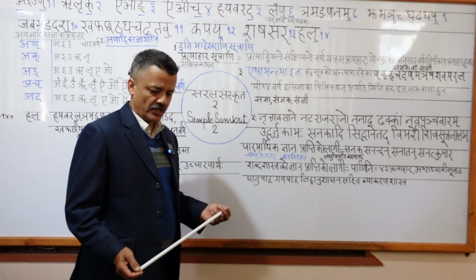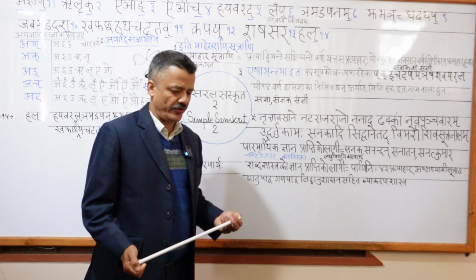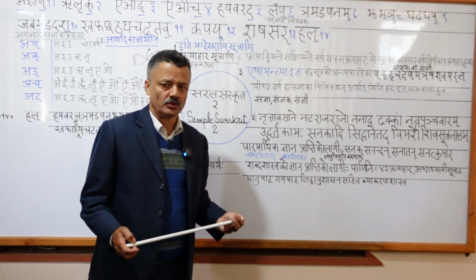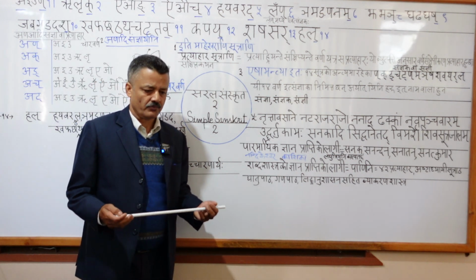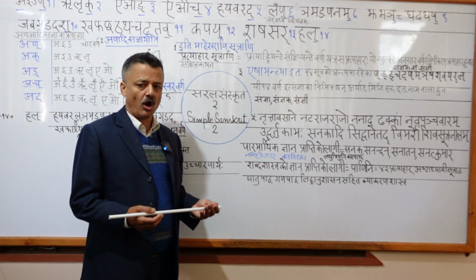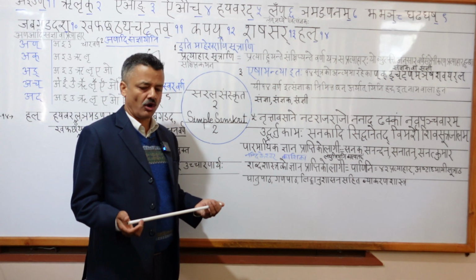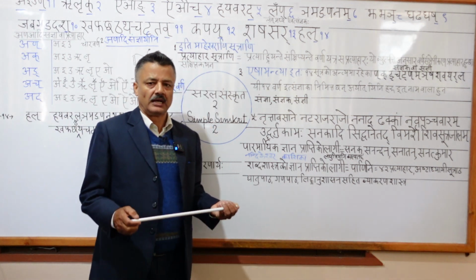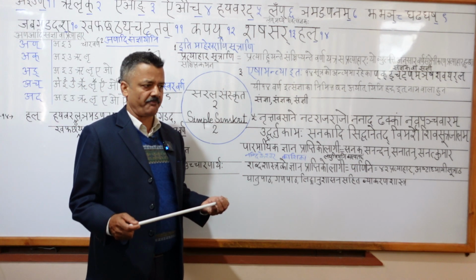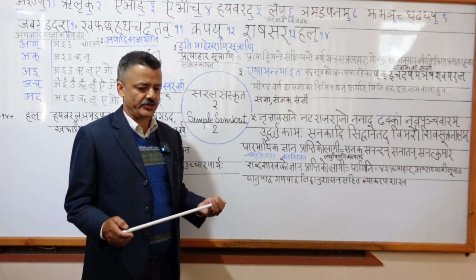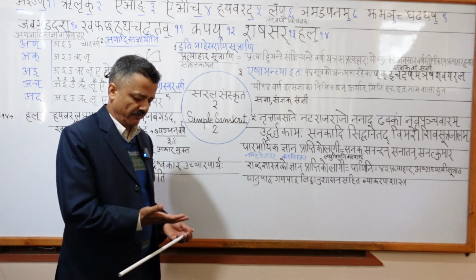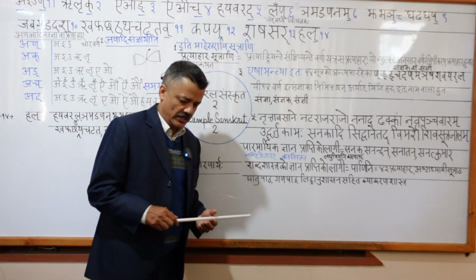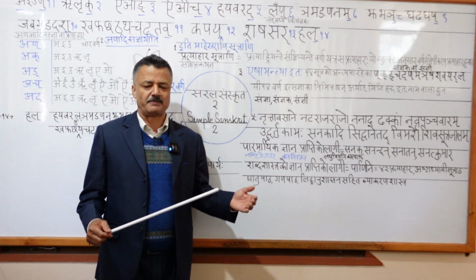All these people sat down under a tree and started their deep meditation to have a look of God, to meet God, to please God. They were doing penance for Lord Shiva, and Lord Shiva became happy with their penance and decided to appear in front of them. When Lord Shiva appeared, he was having a cosmic dance.